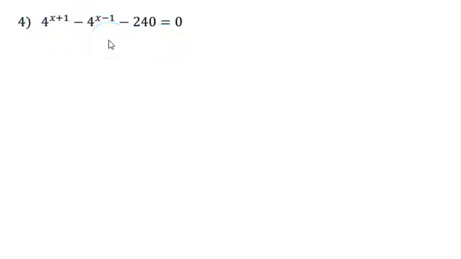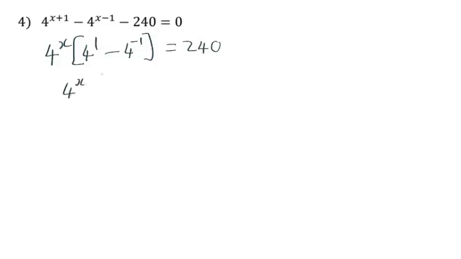Let us take out a 4 to the x. Then we have 4 to the 1 left for our first term, minus 4 to the minus 1 for our second term. And we take the 240 to the right-hand side, in which case we have 4 to the x times 4 minus a quarter.